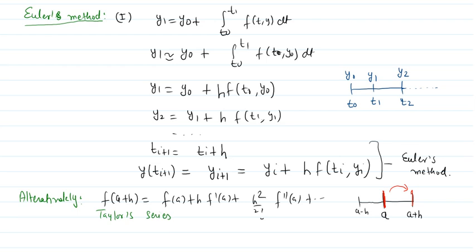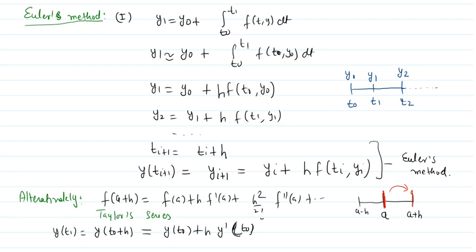If you cut the Taylor series at a certain point, that is called a Taylor polynomial. For Euler's method I write the Taylor series up to two terms only. So what are the two terms? I am writing first y(t1), that is y(t0 plus h), the next point, so that is y(t0) plus h y'(t0).